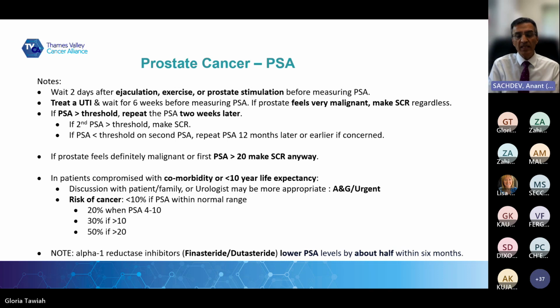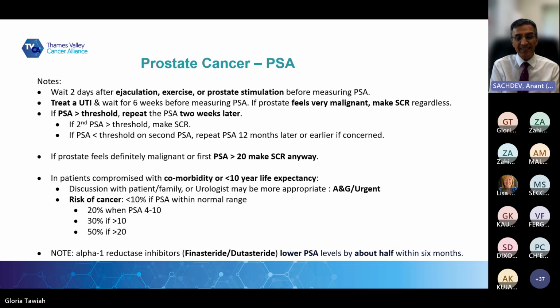Now, prostate cancer or prostate symptoms are in the older adult, and they will have multiple illnesses. And in patients compromised with multiple illnesses or who have a less than 10-year life expectancy, you do need to discuss with the patient and the family or a urologist as appropriate, because actually the risk of prostate cancer, if the PSA is within normal range, is less than 10%.